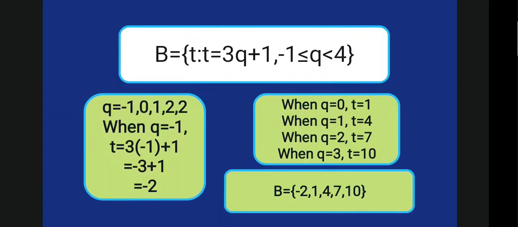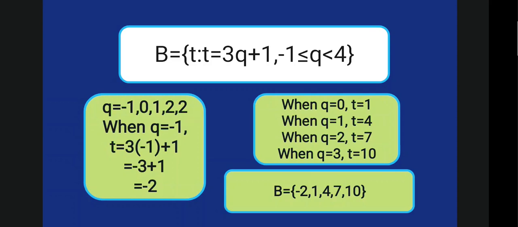And set B the same way. Here set B is the collection of all T, where T is based on the variable Q, and the condition is minus 1 less than or equal to Q less than 4, so Q takes the values minus 1, 0, 1, 2 and 3.